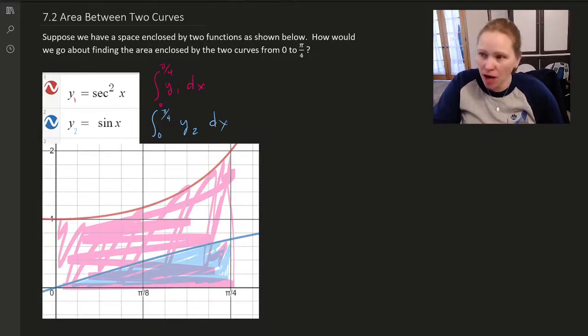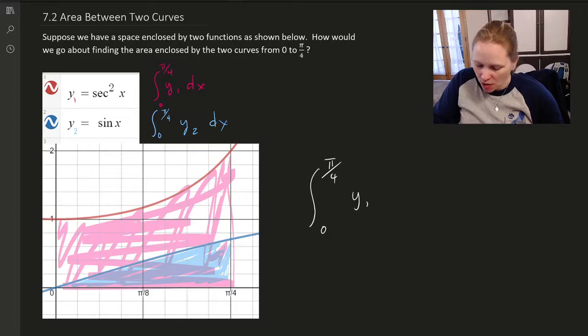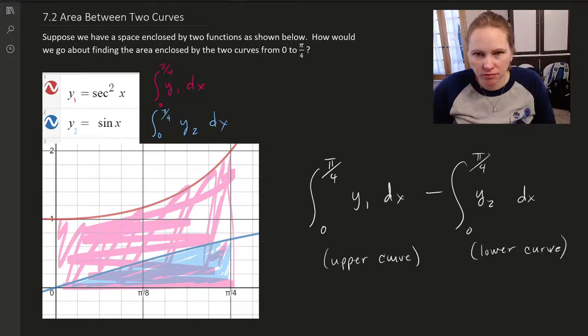So basically, if I integrate from 0 to pi over 4, y1 is the upper curve minus that same integral from 0 to pi over 4 of the lower curve.